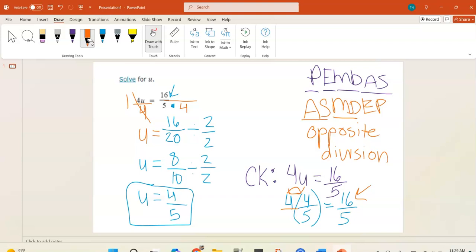And remember, this is just division here. So there's that 5. So when you multiply a whole number by a fraction, you multiply your numerators. And a whole number is a fraction over 1. Put that whole number over 1. So multiply your denominators. 1 times 5 is 5. So it does check out. So you know that 4/5 is correct.